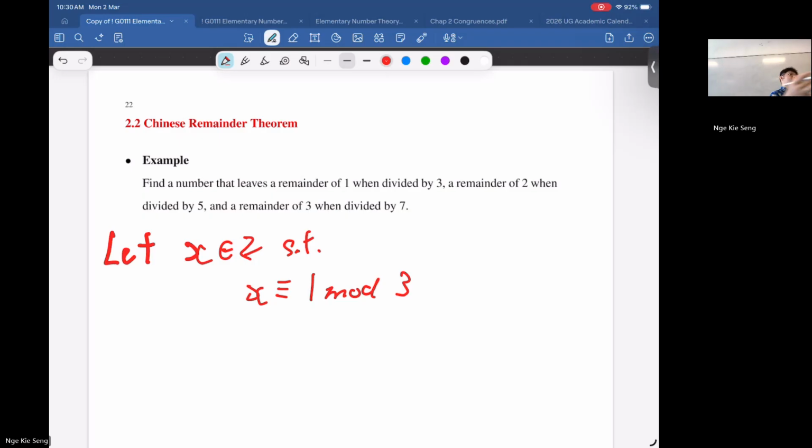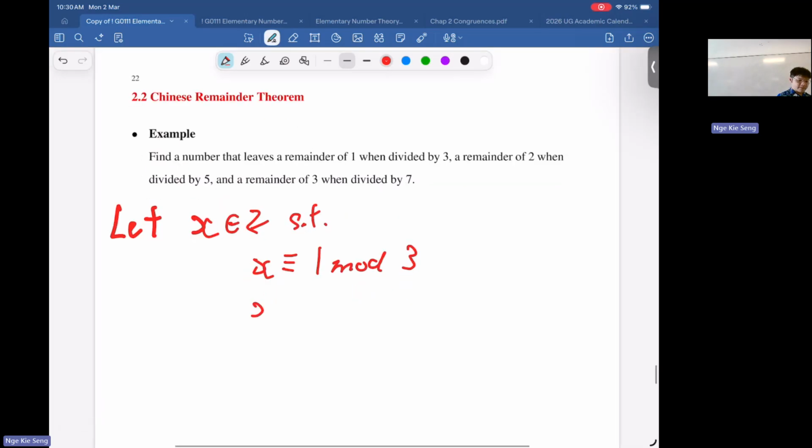Last time I associated divisibility to multiples. Now we associate remainder to congruence. If two numbers are congruent, that means their difference is divisible by n, and it also means their remainder is the same after dividing by n.